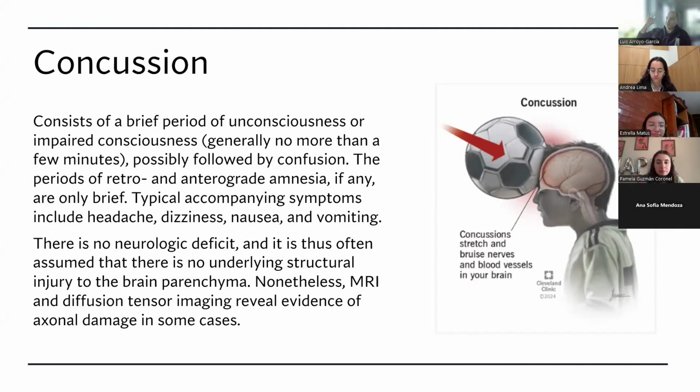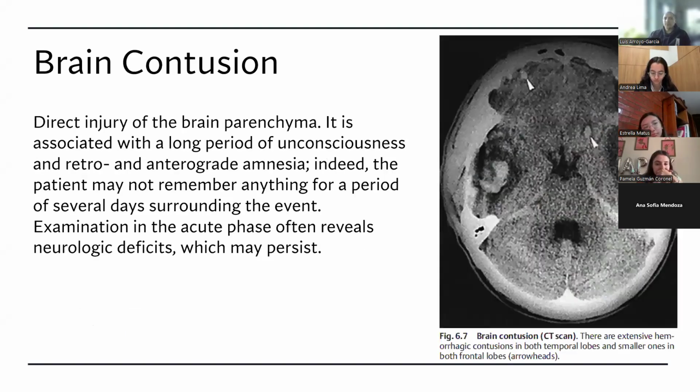So this is the difference, right? A concussion is a brief period of unconsciousness without neurological deficit. That's what I want you to get from the concussion. A brain contusion is not the same.